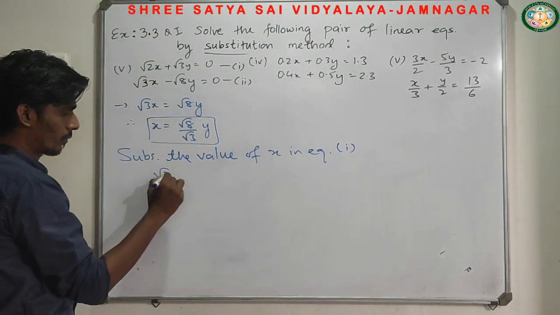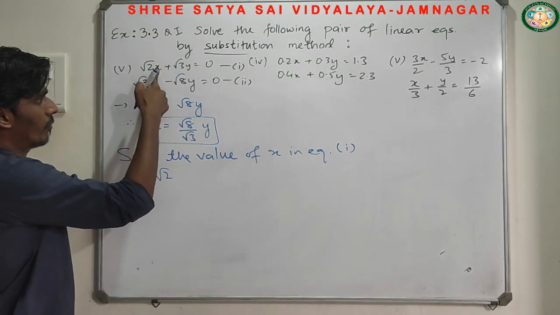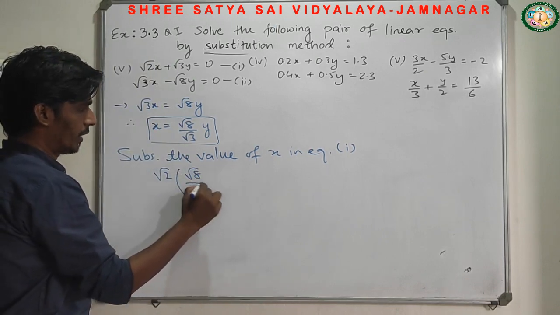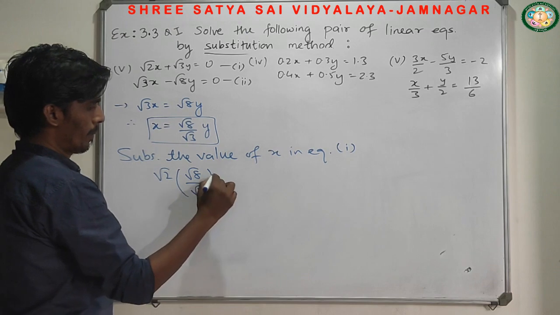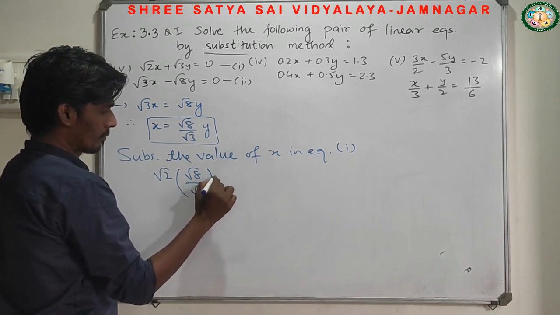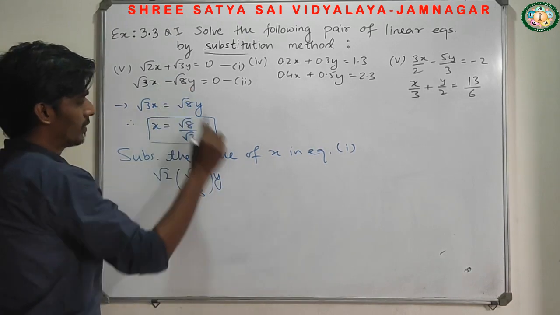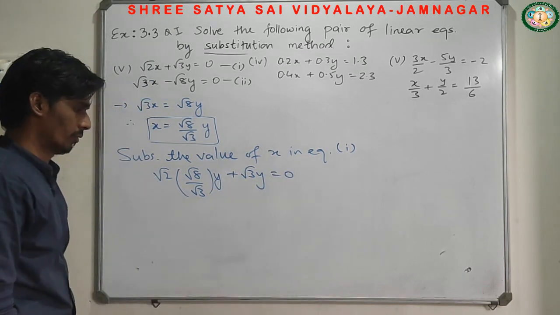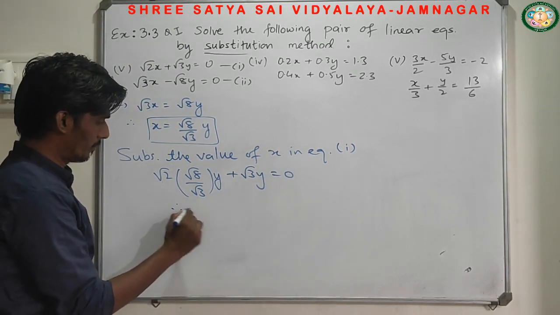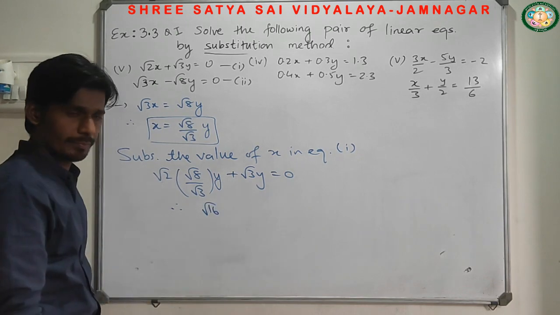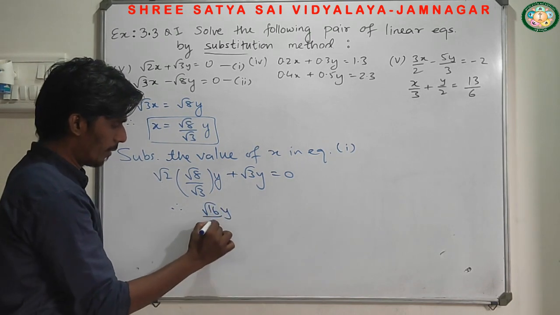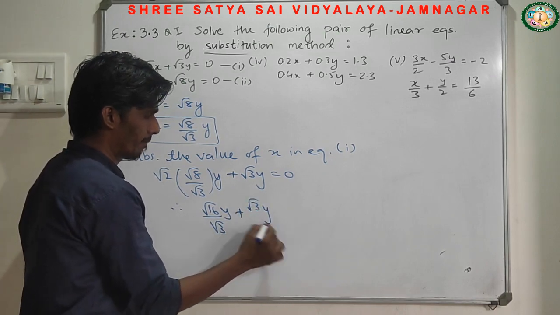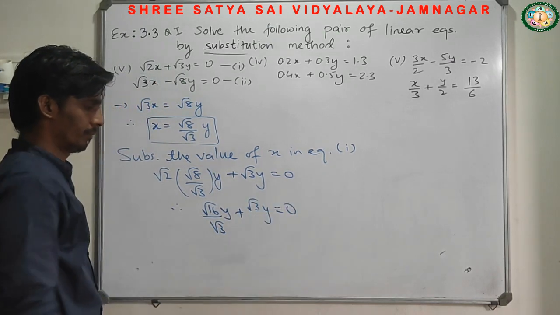So root 2 as it is, and instead of x I replace this value, root 8 upon root 3 y, plus root 3y equals 0. Now root 2 into root 8 is root 16, y upon root 3, plus root 3y equals 0.